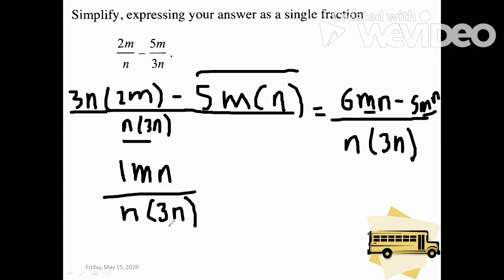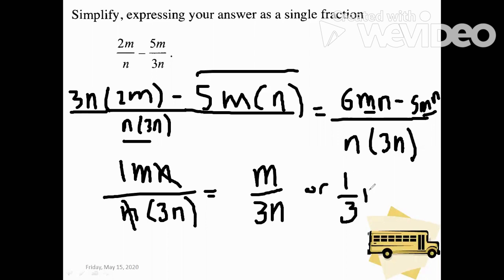What's going to happen is that this n cancels one of the n's. So we end up with just 1m, or just m over 3n. Or you could say 1/3 mn. Doesn't really matter. So that's your answer.